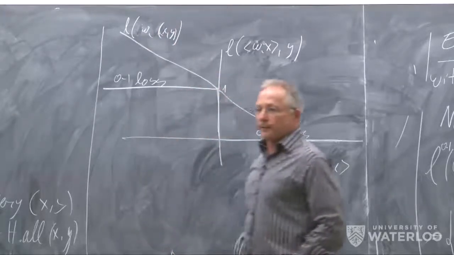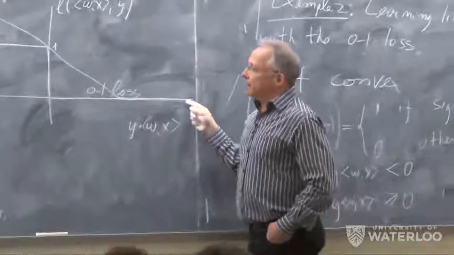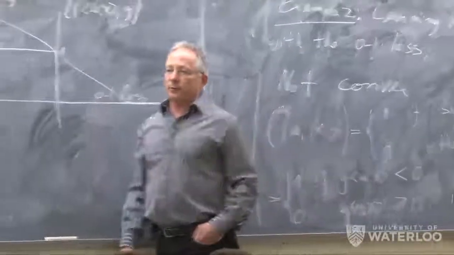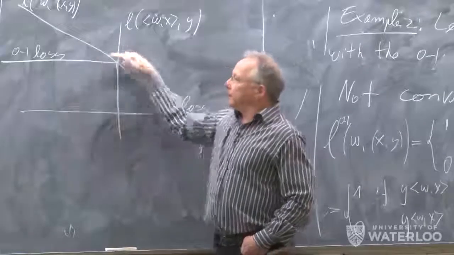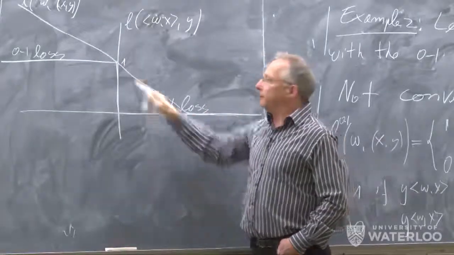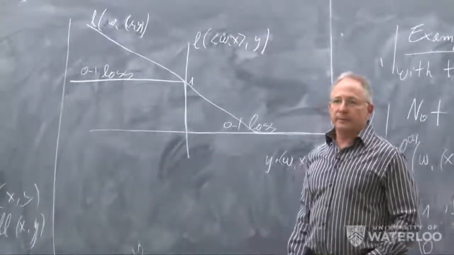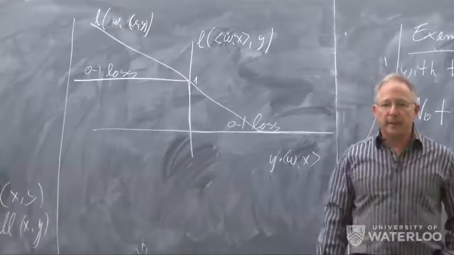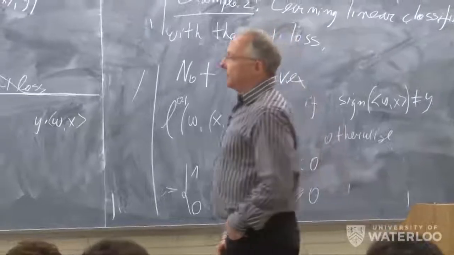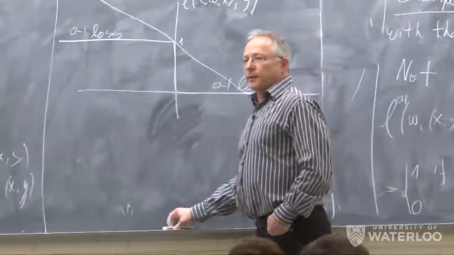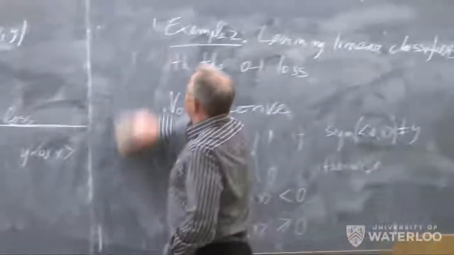My new loss is going to behave in a convex way. It's going to be a convex function. And this convex function is going to upper bound the 0,1 loss. At every point, it's above the 0,1 loss. And we have time to discuss only one common surrogate loss. The most common surrogate loss is going to be the hinge loss.